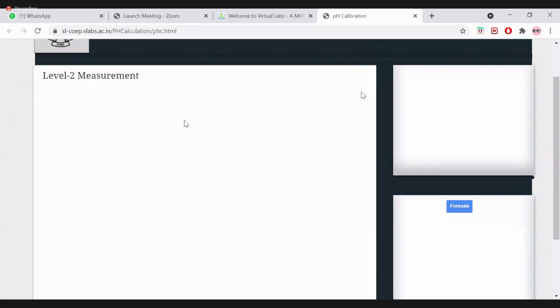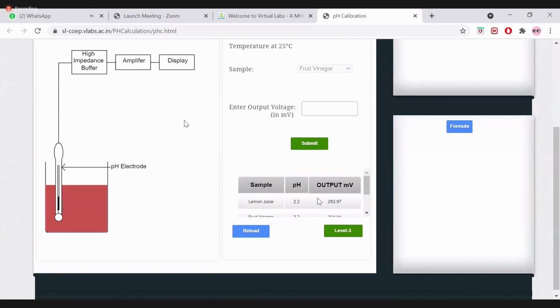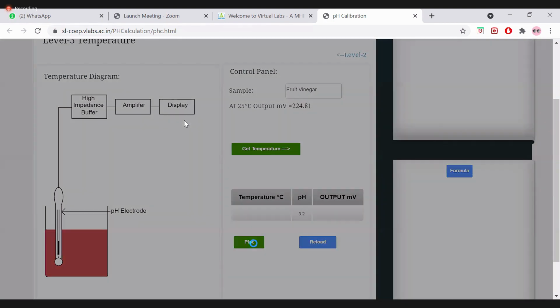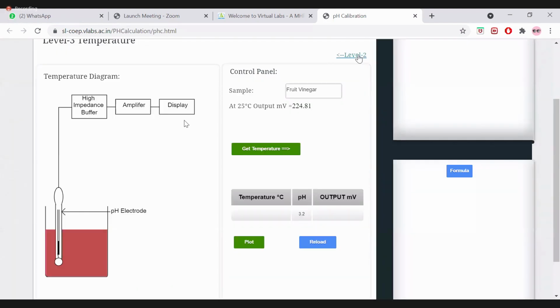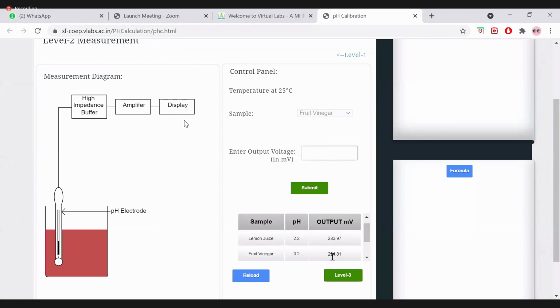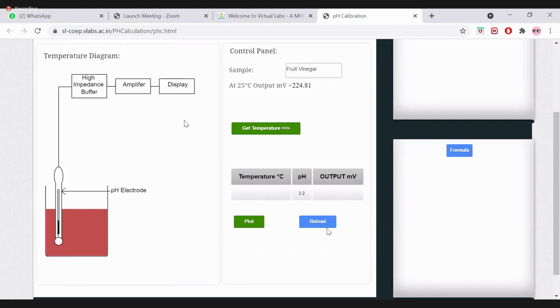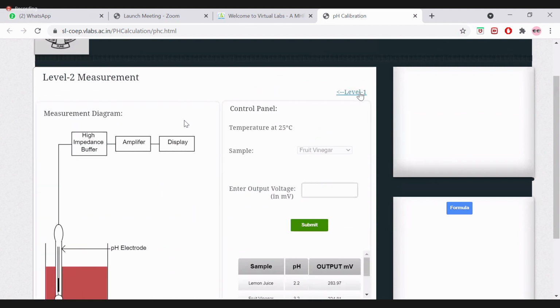Then you can change. Be in level 2, student. What is the meaning of this level 2? What is the purpose of level 2? Be in level 2 only. What is the use of this level 2?